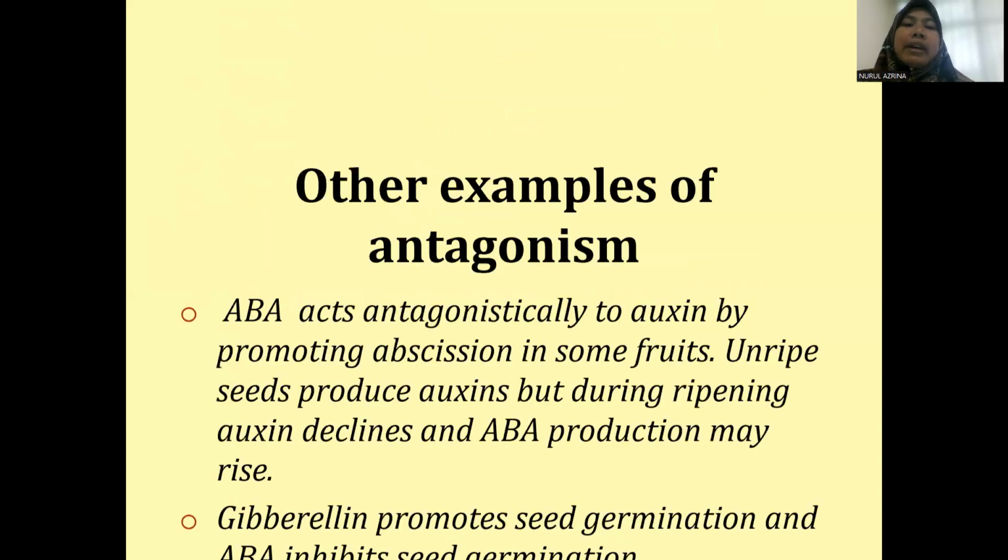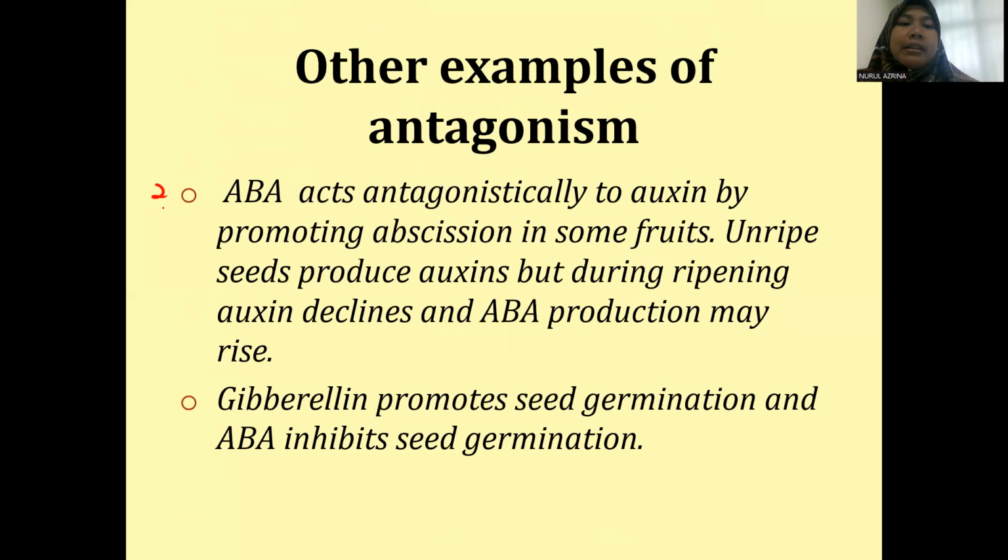Another example of antagonism is ABA and auxin. ABA acts antagonistically to auxin by promoting abscission in some fruit. Unripe seed produces auxin, meaning to say, buah yang belum masak usually have high auxin, but in the ripening process, auxin will decline and ABA production will rise, which induces fruit abscission.